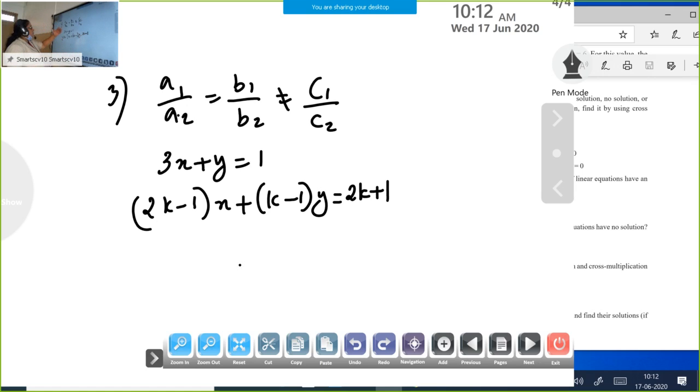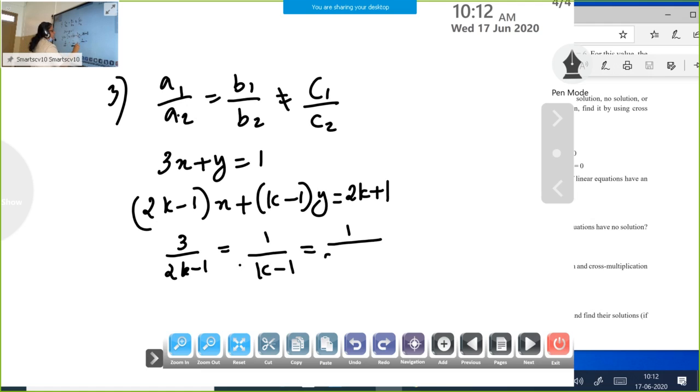Comparing the ratio of their coefficients, 3 divided by 2k minus 1 is equal to 1 divided by k minus 1 is not equal to 1 divided by 2k plus 1.